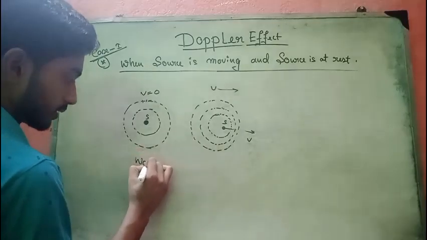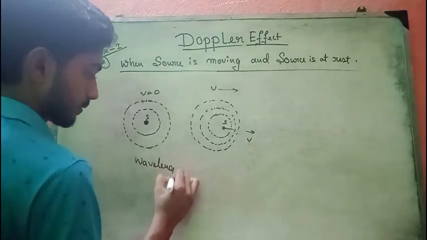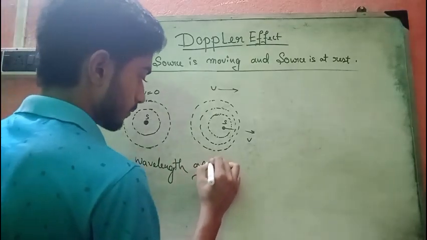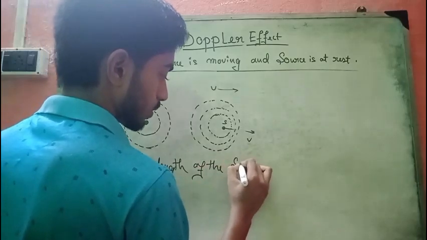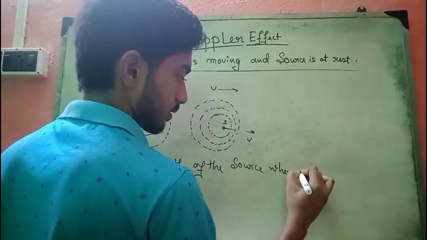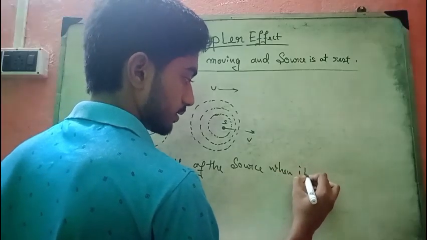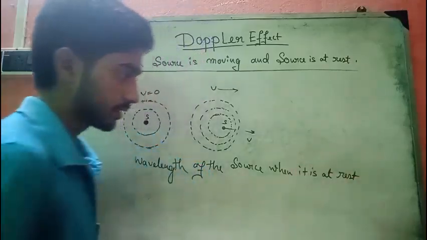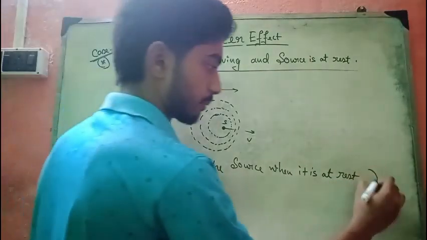So when the velocity is 0, the wavelength of the source when it is at rest is lambda.